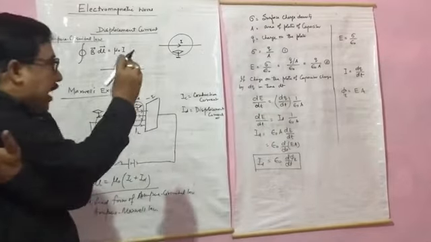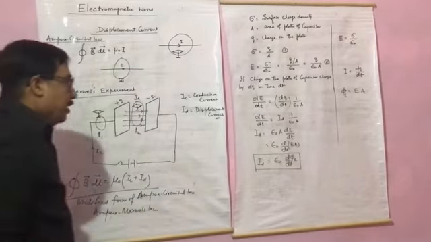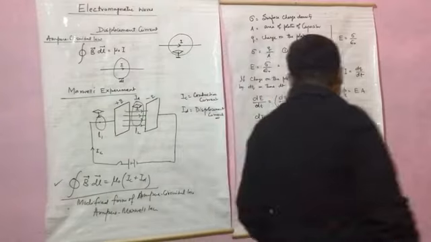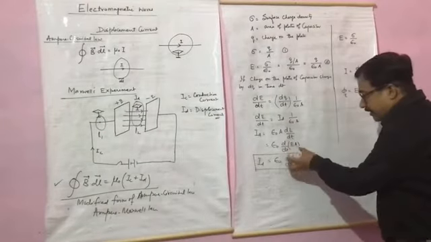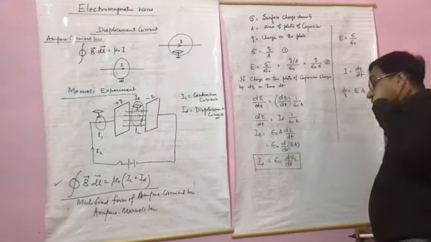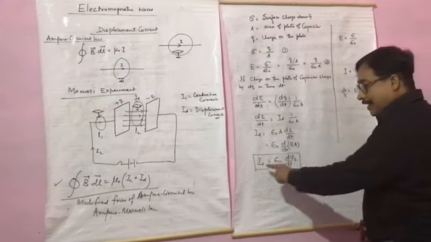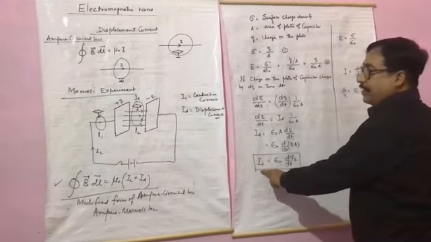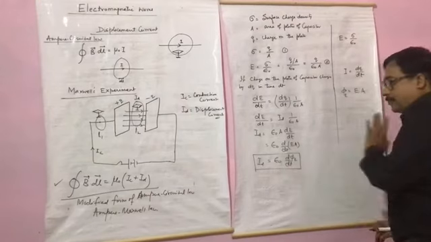The expression for ID is epsilon naught d by dt of phi E. So this change in electric flux because of the changing electric field gives rise to the displacement current. So this is the expression for displacement current.